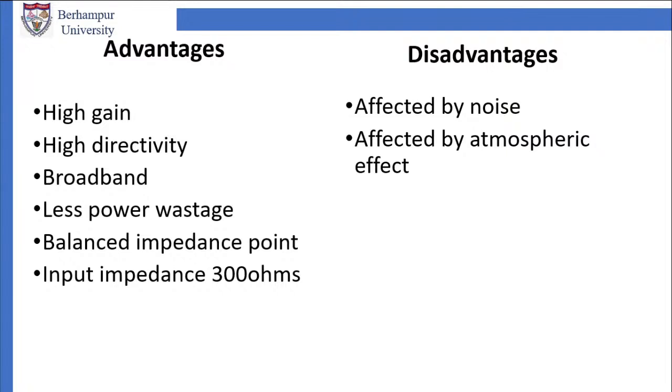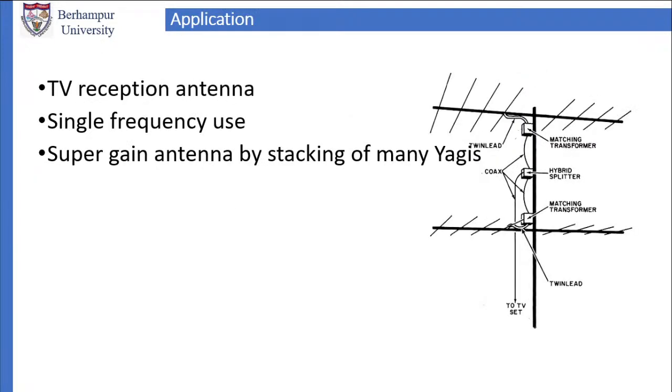Input impedance is 300 ohms, therefore it can be directly connected to a two-wire flat cable. The disadvantages are that it is affected by noise and by atmospheric effects. These are the two major disadvantages of the Yagi antenna.